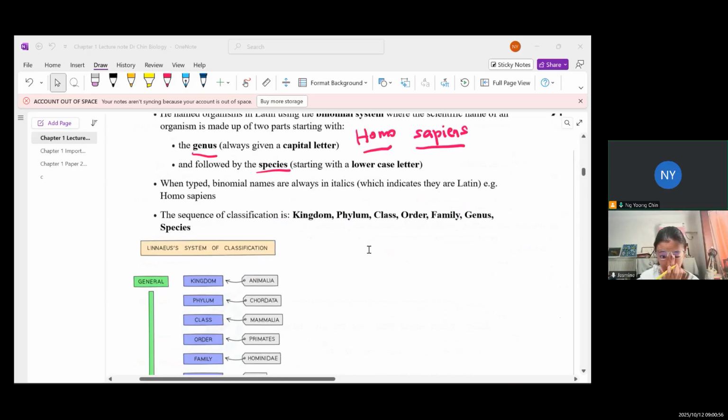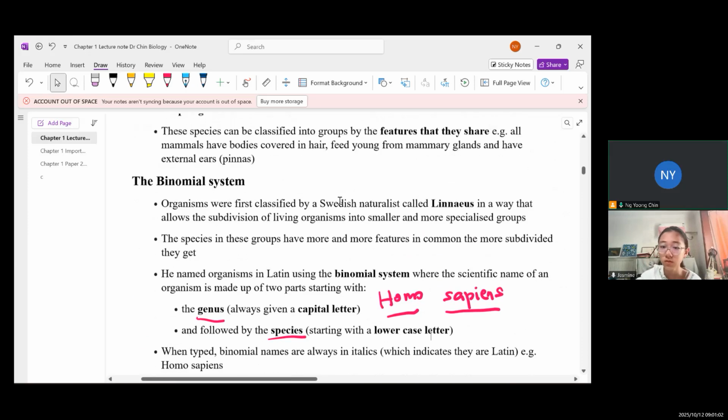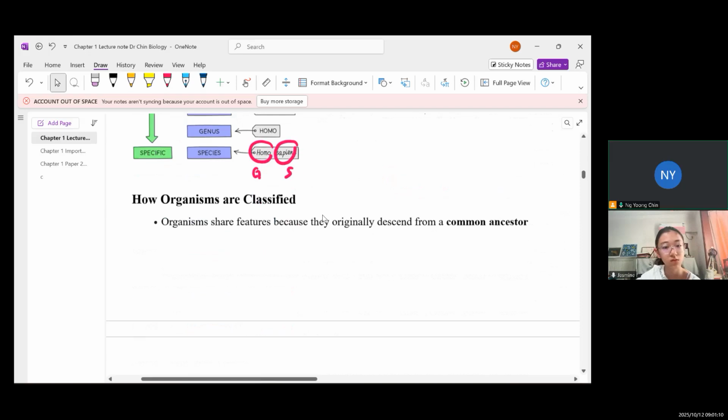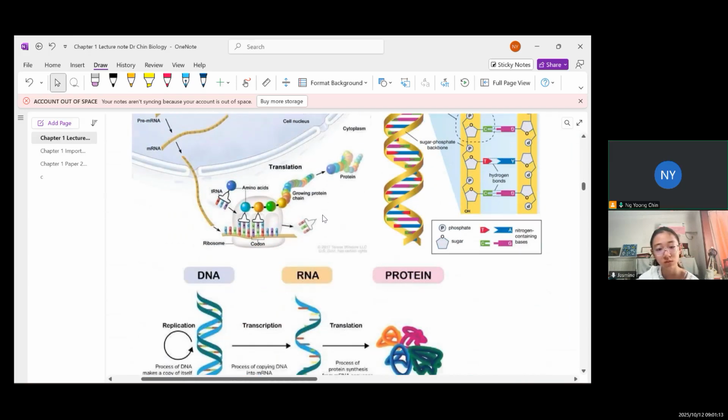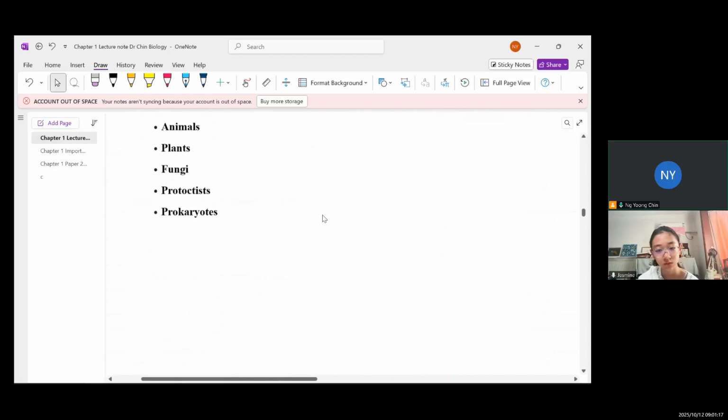Actually, we group the diversity of the living organisms into 5 groups, which is the 5 kingdoms. Let me scroll down.